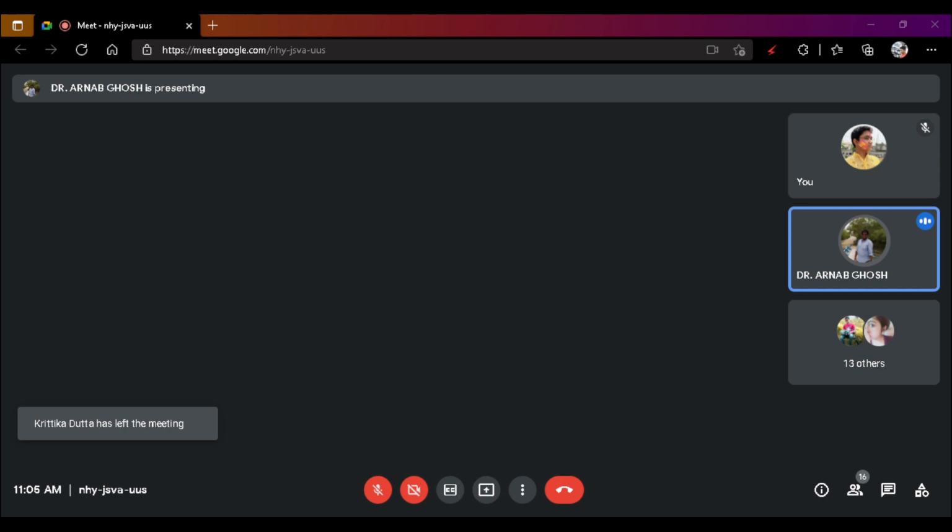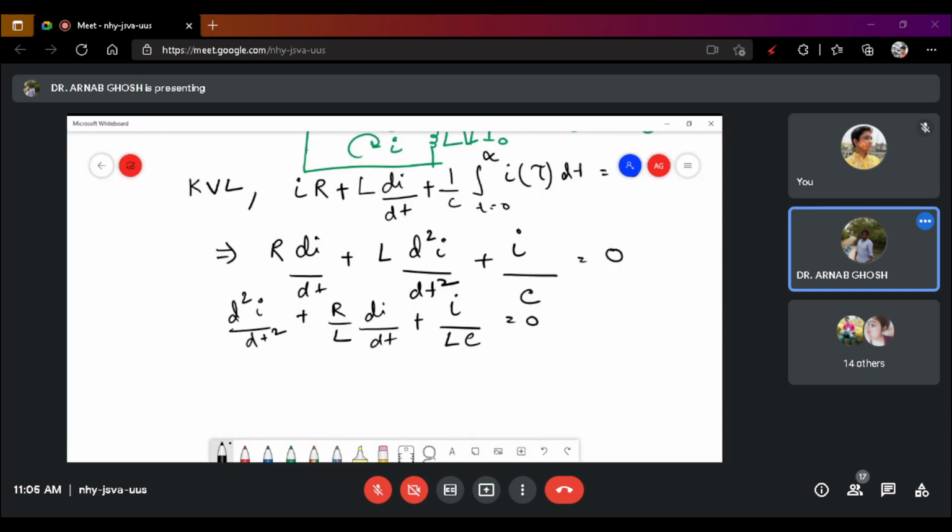Okay. And one more thing we can write from here is R into I at 0 plus L di0 by dt plus, what is this? This is actually V0.